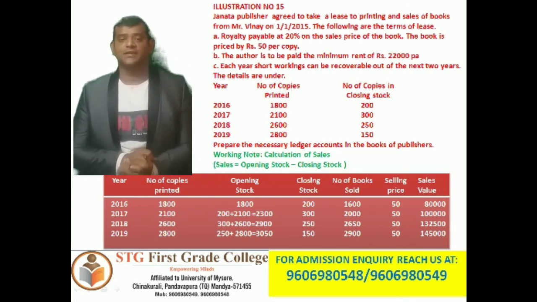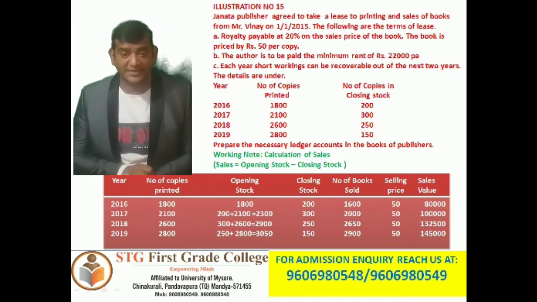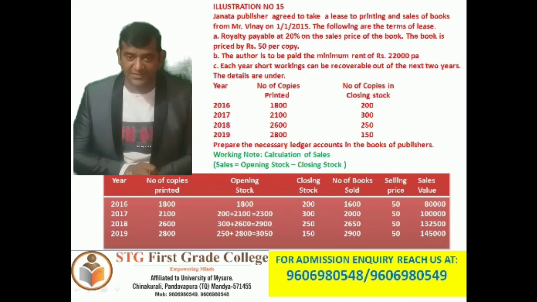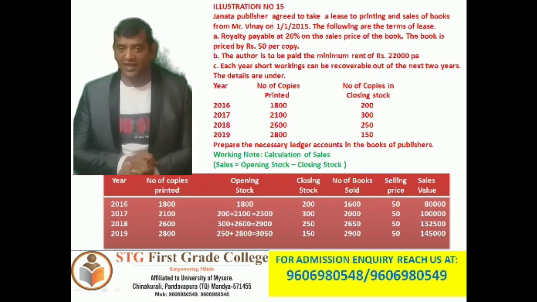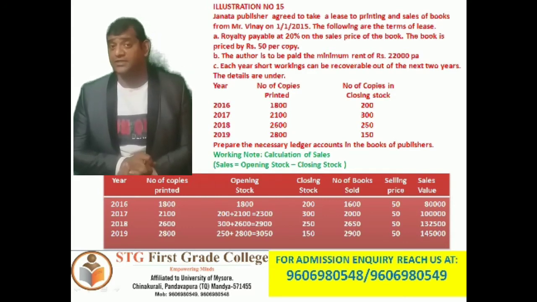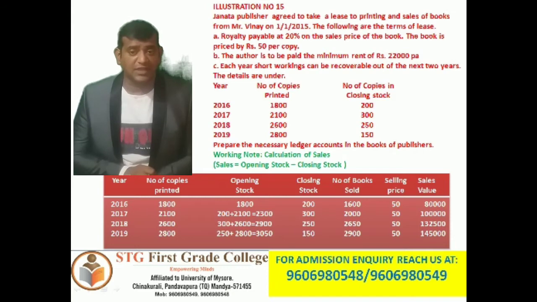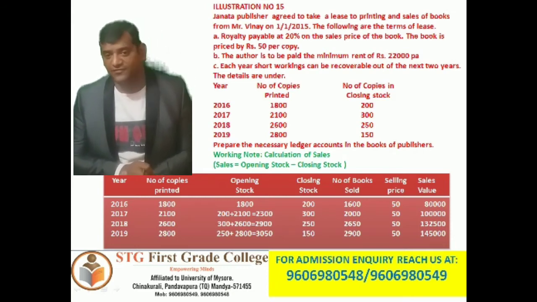So next, in the year 2018, 2,600 books were printed and the previous year's closing stock will be the opening stock of this year. So that is 300 plus 2,600, which comes to 2,900. Out of that, closing stock was 250 books.